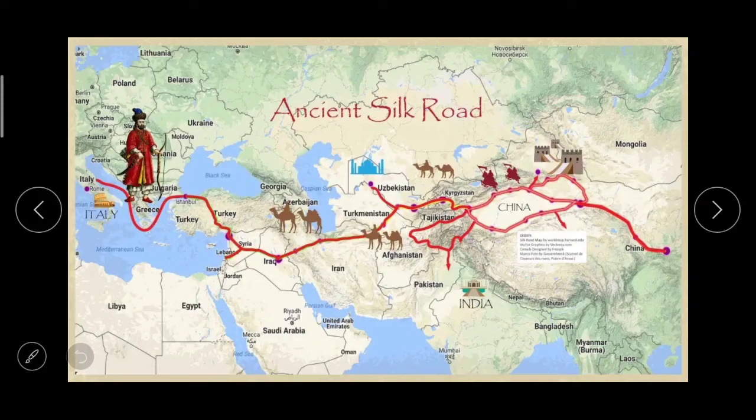If you observe this map carefully, then you can understand here how the different foreign invaders and travelers came to India by using this route. This is the ancient Silk Road.